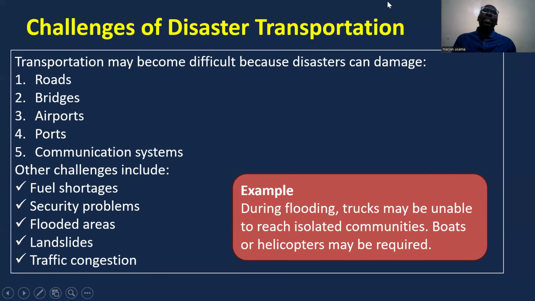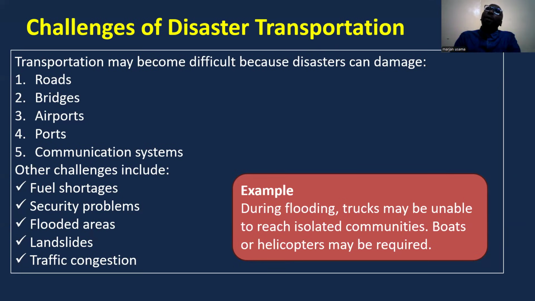Other challenges include fuel shortages, security problems, flooded areas where vehicles cannot move, landslides, like what happened in Nepal. Currently, we had the landslide and the mudslide in Nepal, so transportation is becoming very difficult.